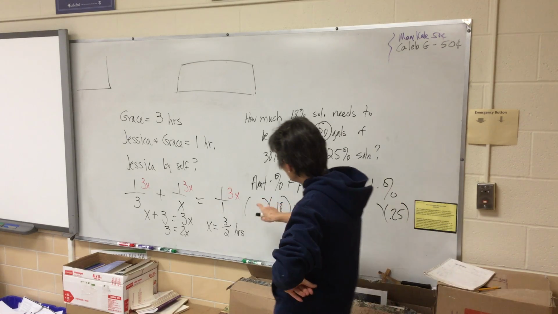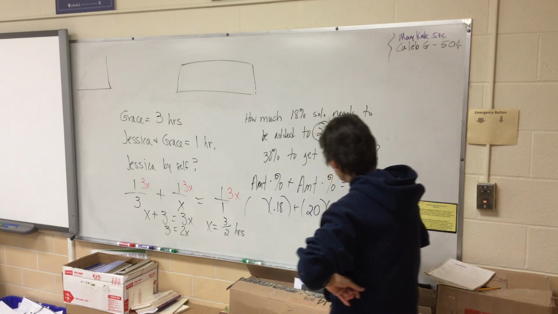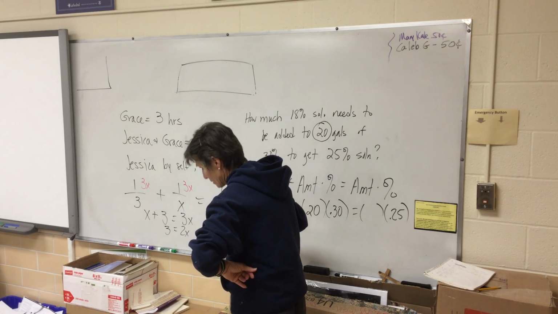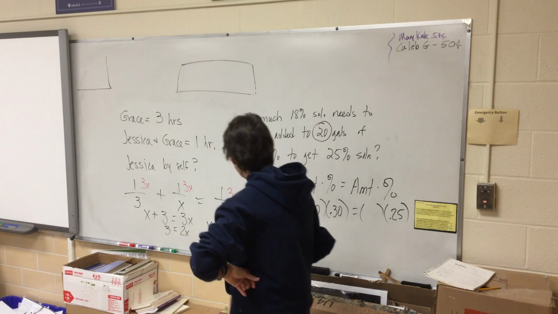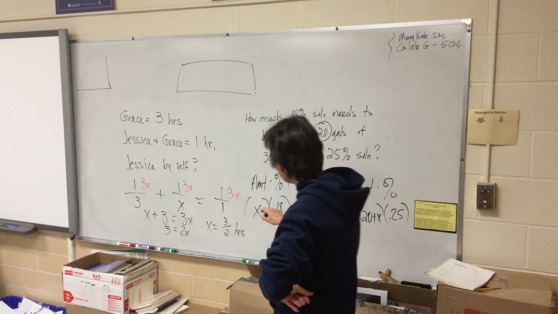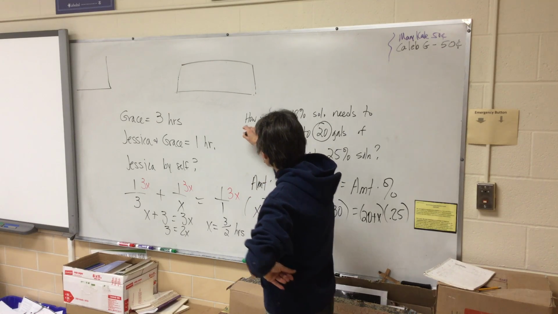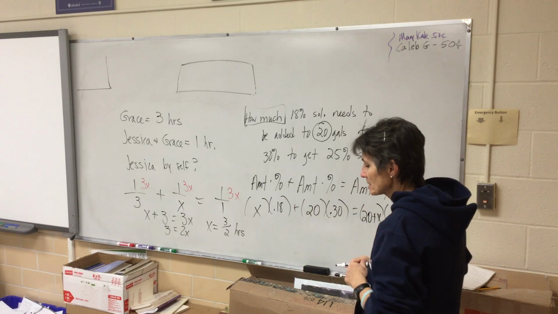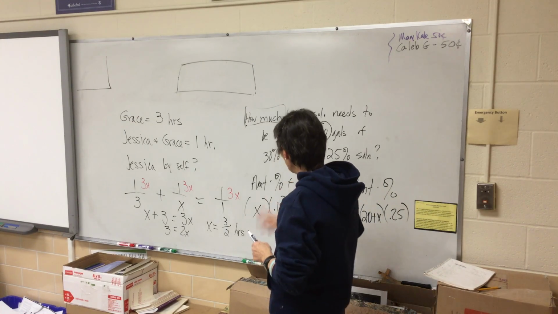So what am I going to put in this parentheses and this parentheses? Use your noggin. What are you going to put here? Would you put x in the first one and then 20 plus x in the next one? That's exactly what you would do. x really makes sense. How much? That's the question. So we'll call that x. And then think about what you're doing.